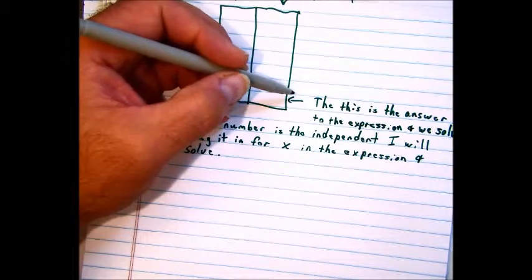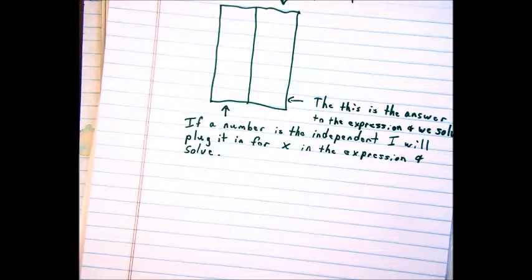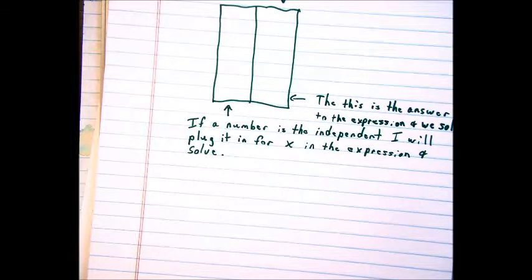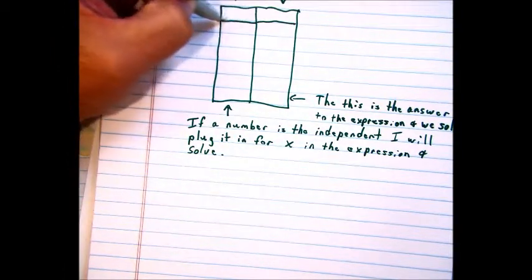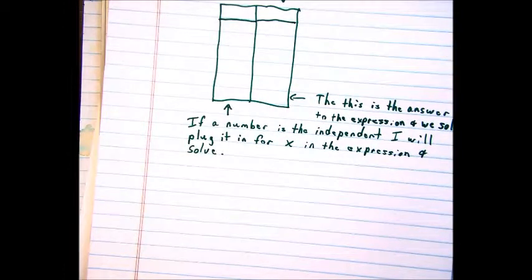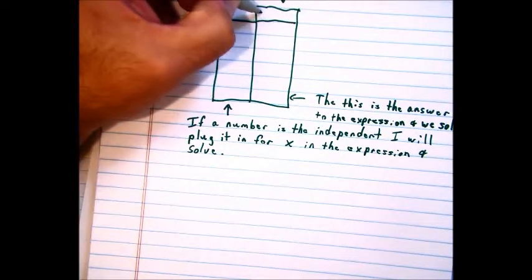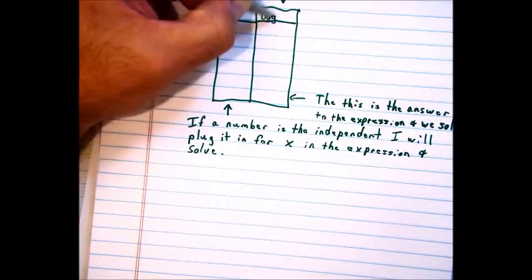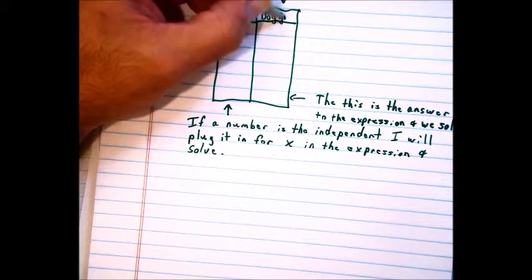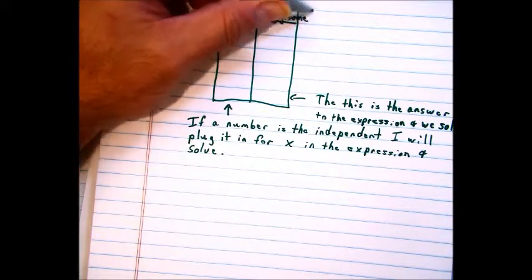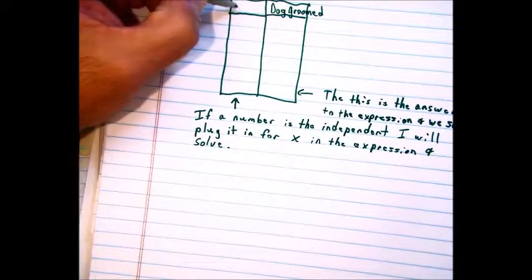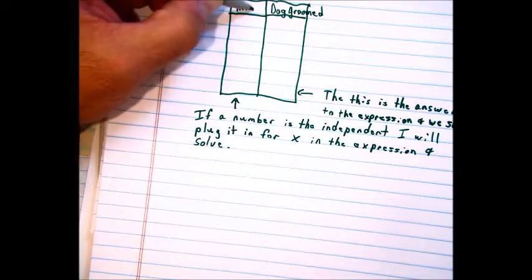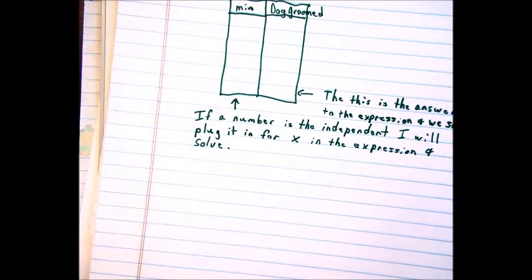This one we put it in as the answer and solve for whatever x may be. Okay? And we use the words or the units to tell us which column we put our information in. In this case, if we had dogs groomed, we put it here and it's the solution. And if it was minutes, we would put it here and plug it in.